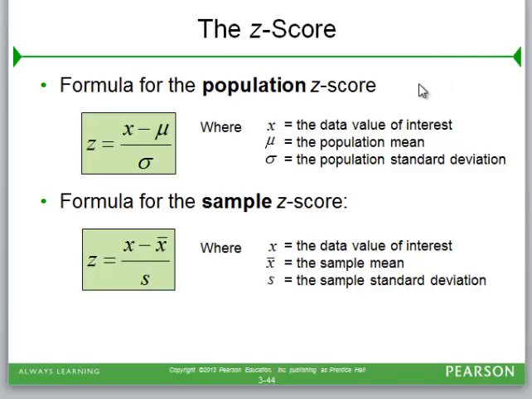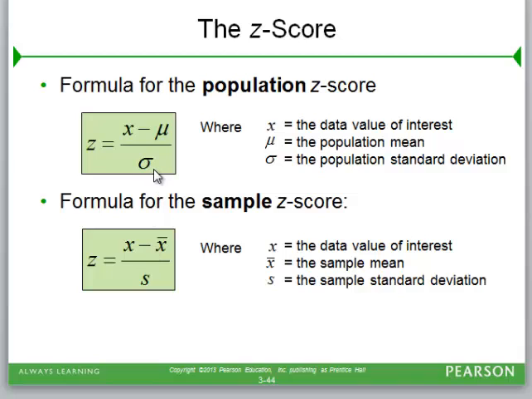So how do we get the z-score or z-value? How do we measure it? The formula for the population z-score is z equals x, any data value, minus mu, the population mean, over sigma, the population standard deviation. The formula for the sample z-score is x minus x bar divided by s.